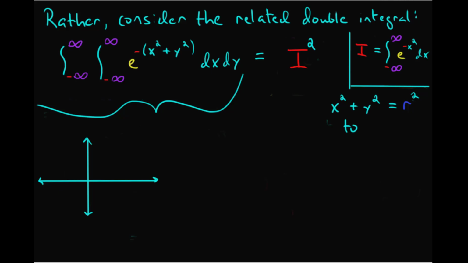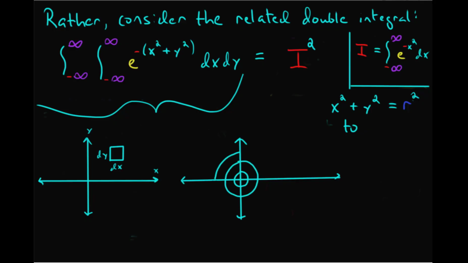And now we need to convert our infinitesimal area element dx dy also into polar terms. Well, in Cartesian coordinates, the area element dx dy can be represented by that tiny square, an infinitesimally small square. And in polar coordinates, that area element is represented by the infinitesimal rectangle, whose length is just dr, an infinitesimal increment in r, and whose width is going to be r times d theta. Why not just d theta?